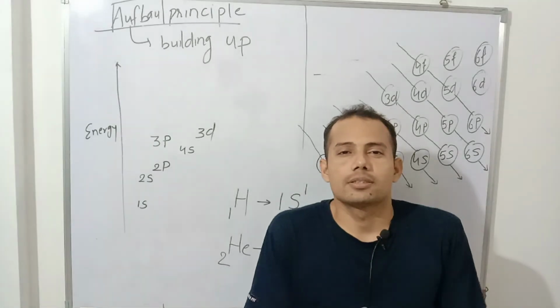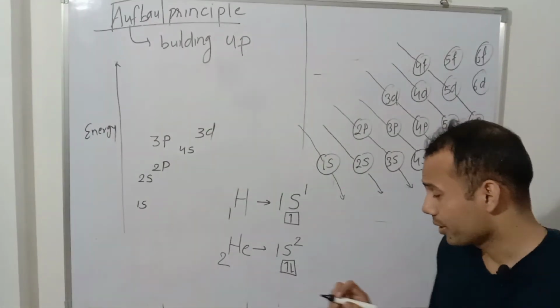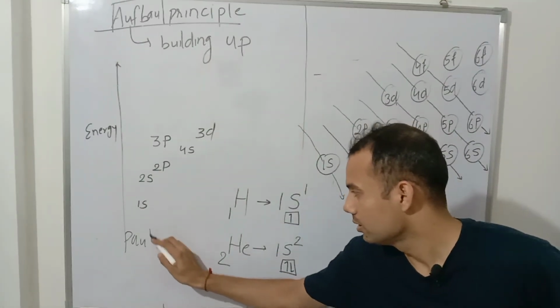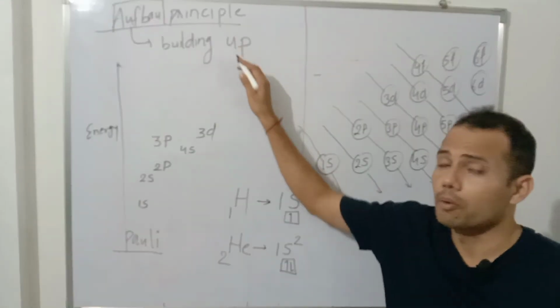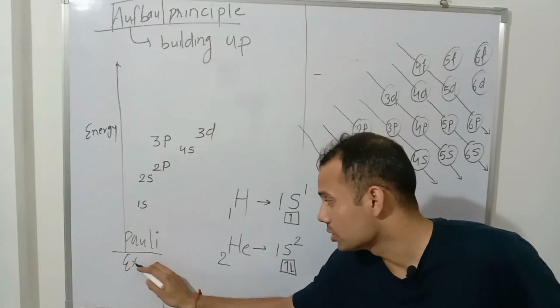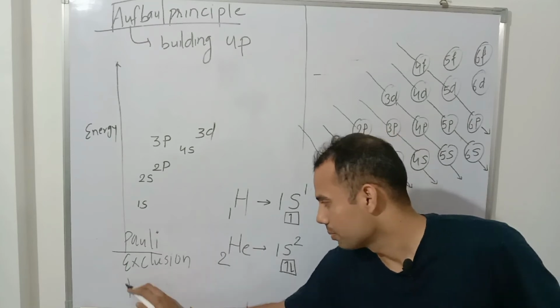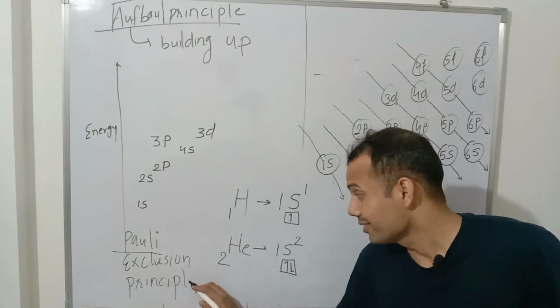This is called the Pauli exclusion principle. There is another principle, Pauli, we have discussed above: the Pauli exclusion principle.